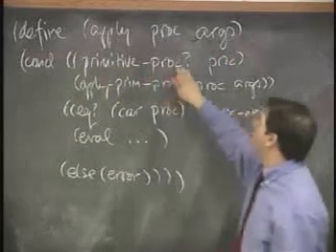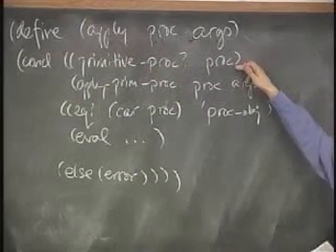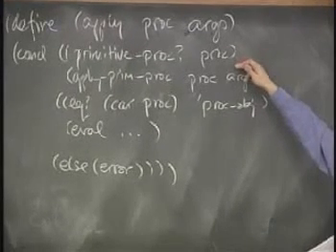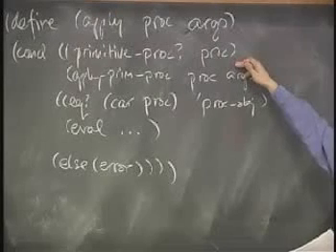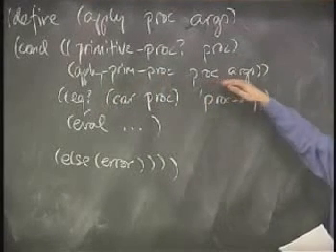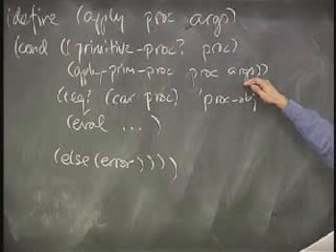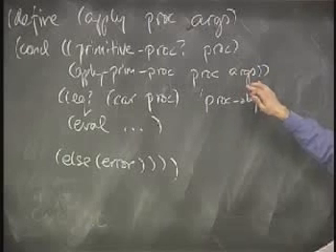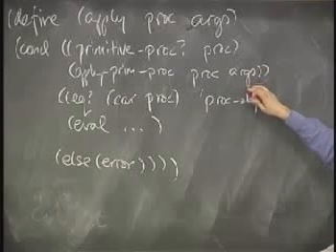Is plus a primitive procedure? Well, I'll tell you right now it is. This is one of the ways we're letting Scheme do some of the back-end dirty work for us. So we apply the primitive procedure plus to the arguments. We'll run plus on those arguments, and we'll let the underlying Scheme take care of that for us.